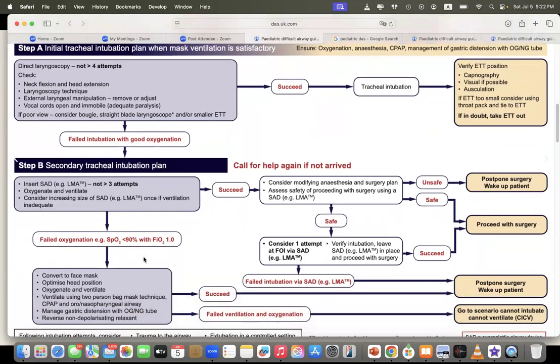So if there is failed oxygenation and your saturation is less than 90% with 100% oxygen, then convert to face mask. Try to optimize the head position. Also, you can try to insert a shoulder roll if the child is less than 2 years.